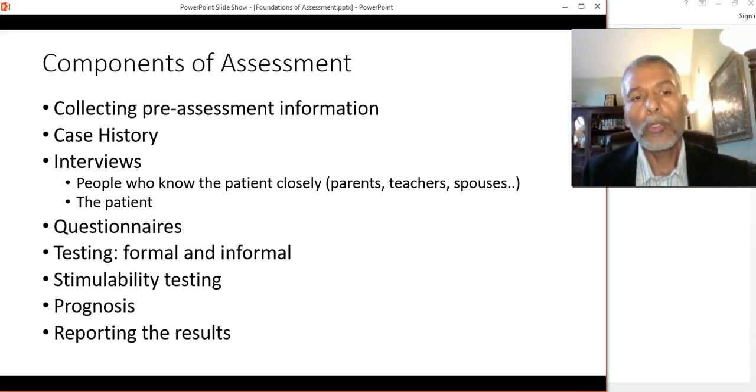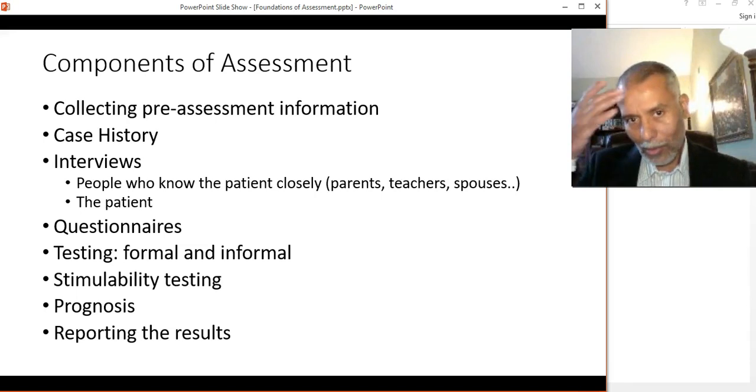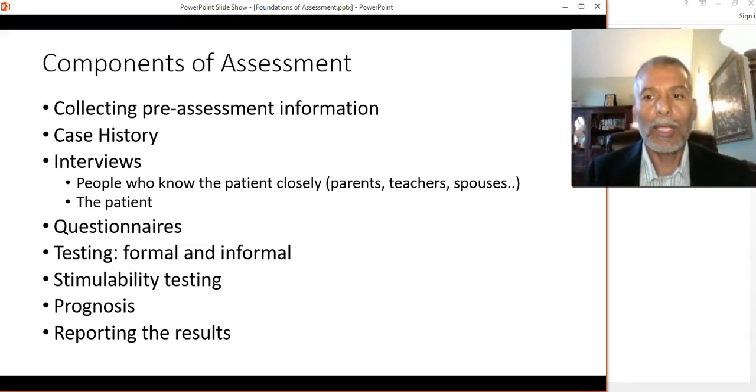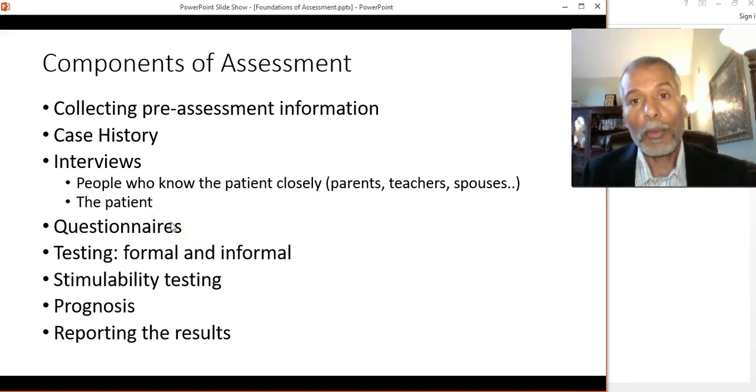What kind of sports do you play? Have you ever experienced hits to the head, or did you fall at any point in time? Do you ride a bicycle, for example? So you ask questions to explore different possibilities that can help you interpret the results that you get.